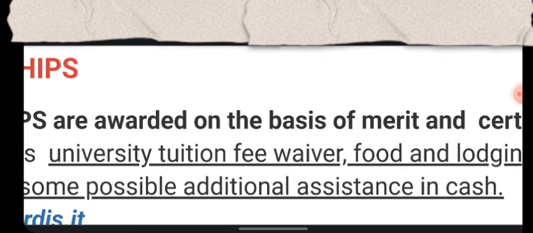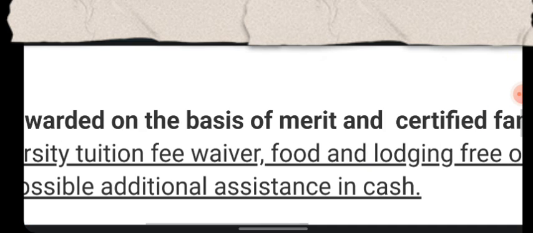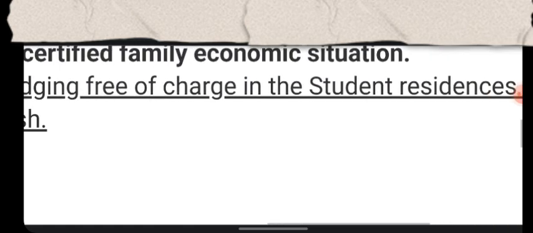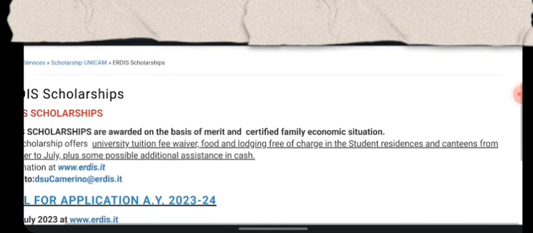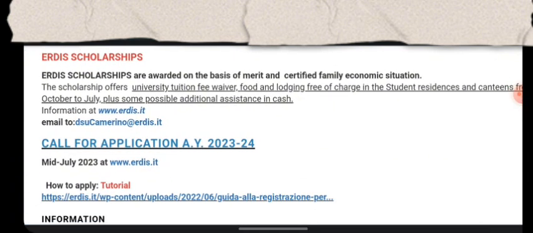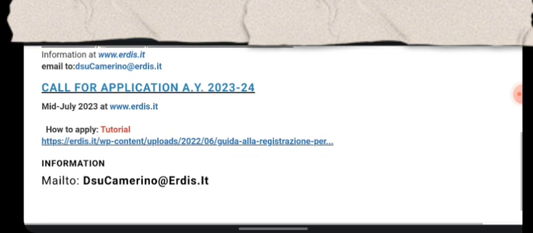This particular scholarship is going to waive your tuition fee. It's also going to give you food and lodging free of charge in the student residence, and also food from the canteen for free. So you also want to make sure you check every other piece of information regarding this particular university and the scholarship offer that they have right here.